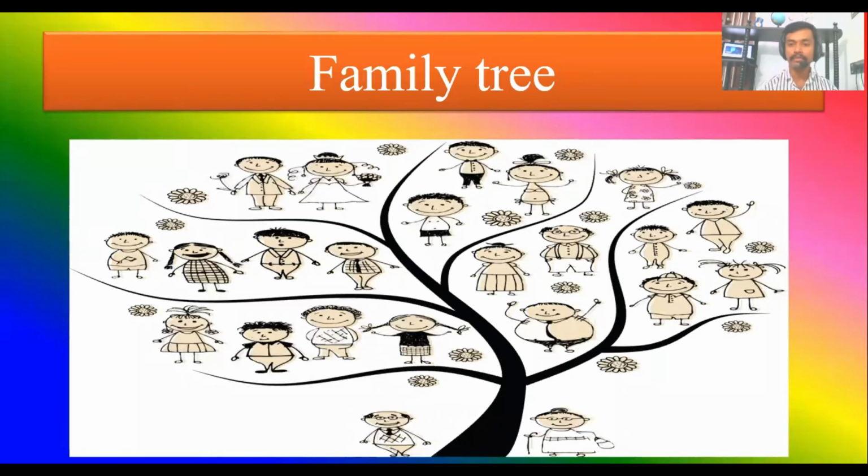So look at this family tree. In every nursing care plan, the nurse should draw this tree, which means, for example, father, mother, children, their relationship, and other family members and their relationships should be drawn in the family tree in the care plan.